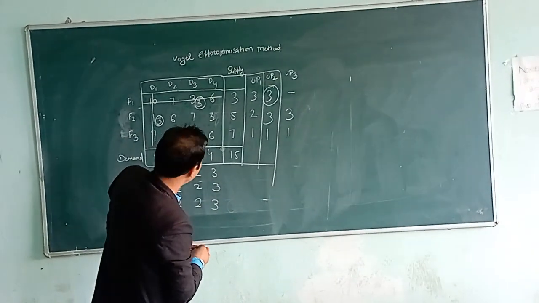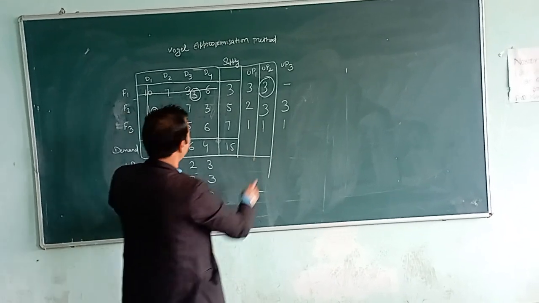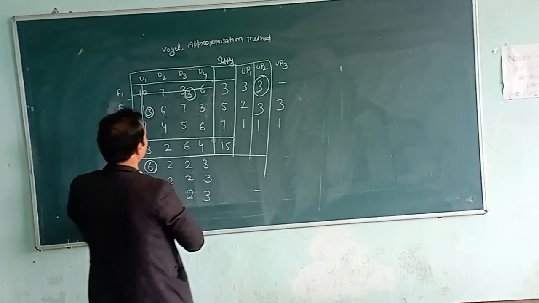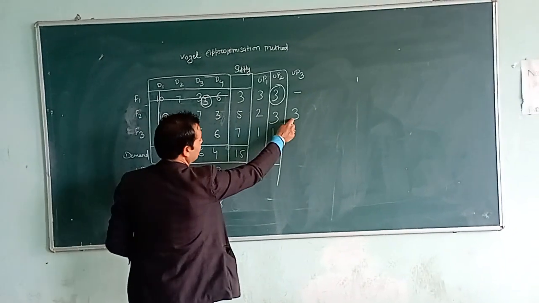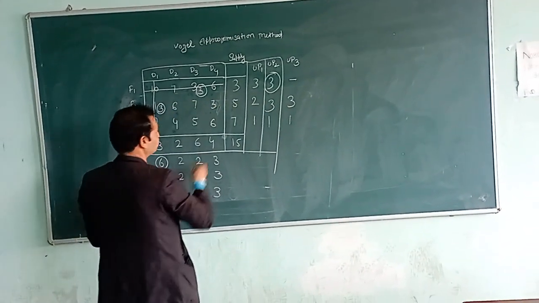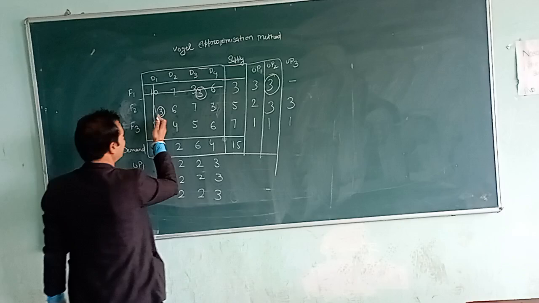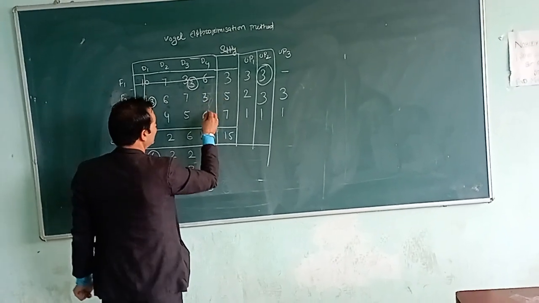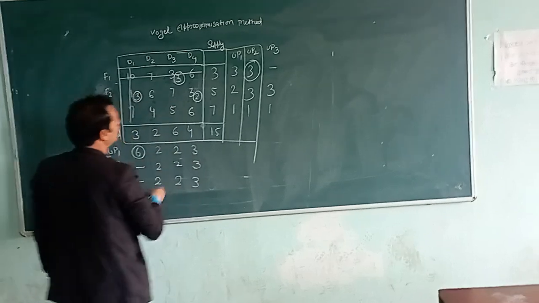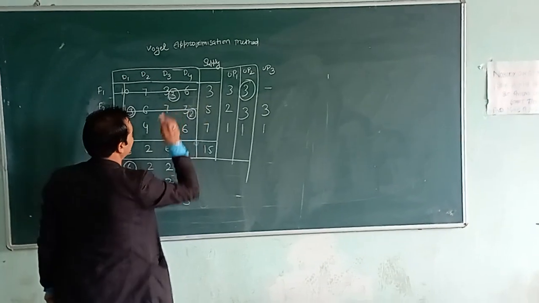The maximum allocation is 3 and 3. When we select this, it is the minimum element. Now we have already given 3 from the supply, the balance is 2. We give only 2, and delete this row.